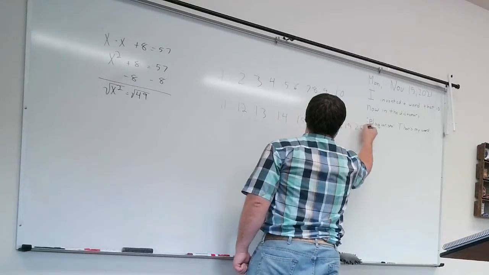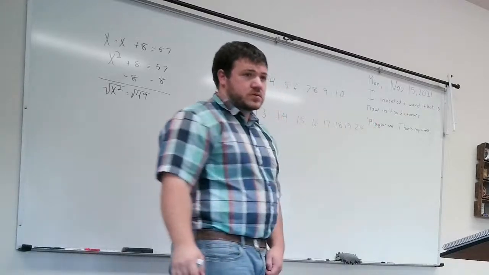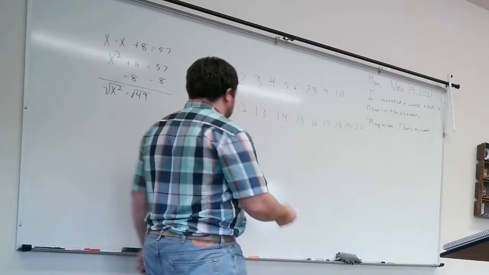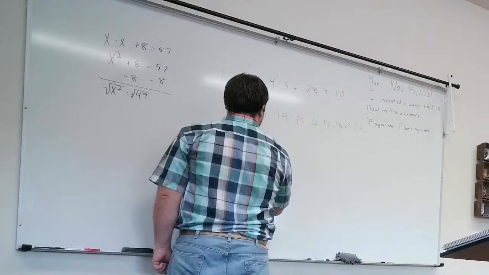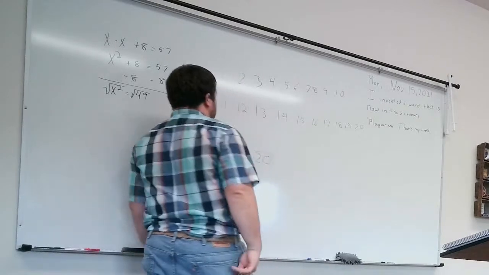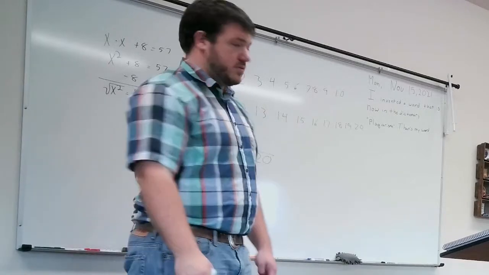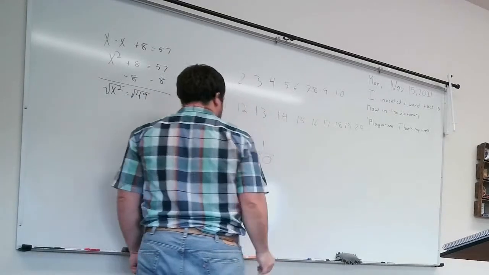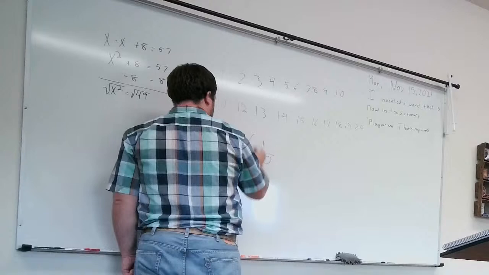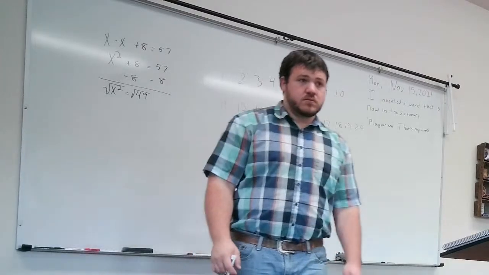How many options does he have? 20. There's 20 options, so that's going to be our denominator. How many chances does he have of falling on the 3? So it's just 1 over 20.